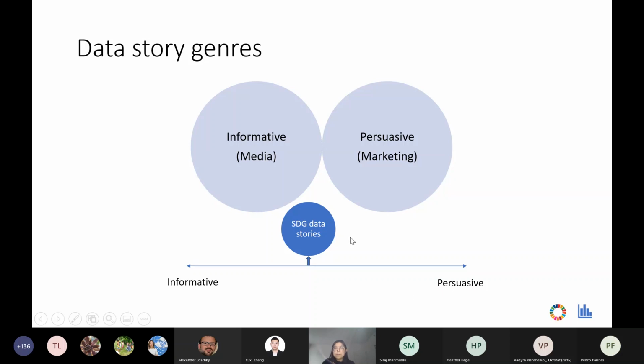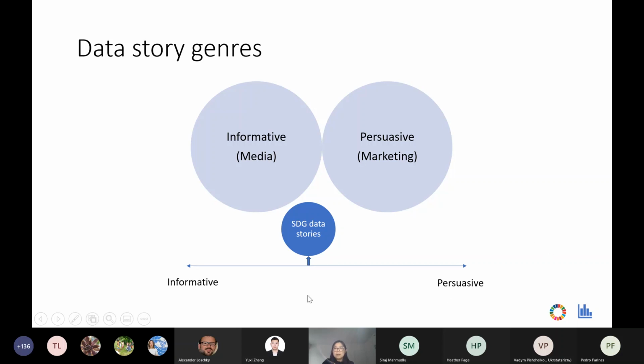And on the other end of the spectrum is persuasive data stories. Those are things that we normally see in marketing, like the campaigns that can drive customers to buy things, or even things that people want to use to motivate people to donate. Those kind of things are called persuasive data stories.